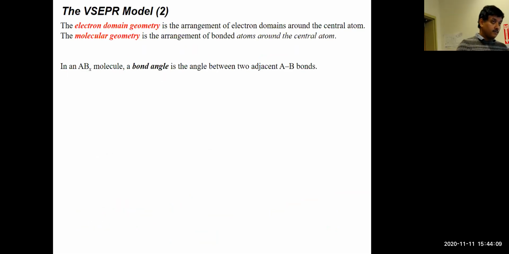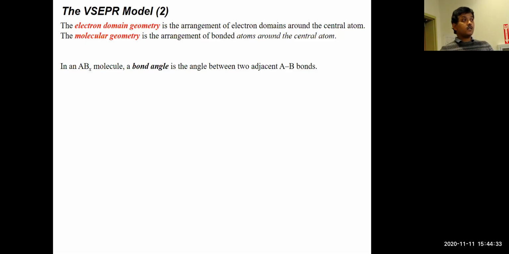All right. So here is where we start naming the molecular geometry by name. Here I'm going to introduce 2 terms which are going to stick with you, and you need to understand the difference between those definitions clearly.